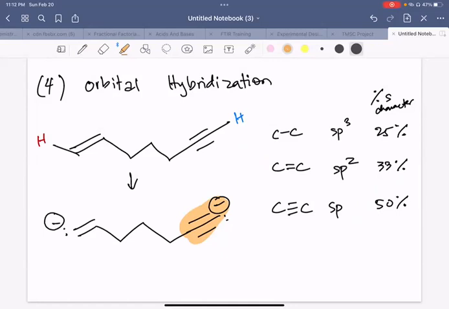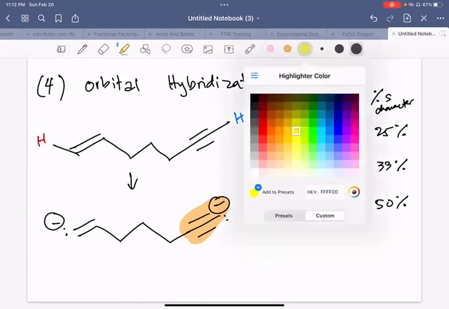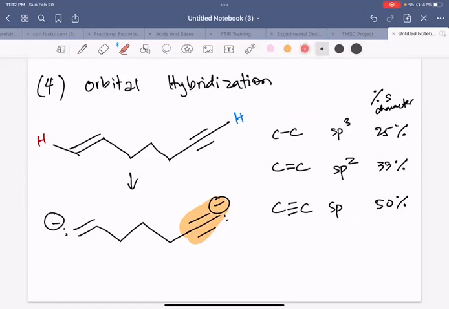And when we compare the orbital representation of the two, for example, if this is the sp3 orbital, this is the sp orbital.